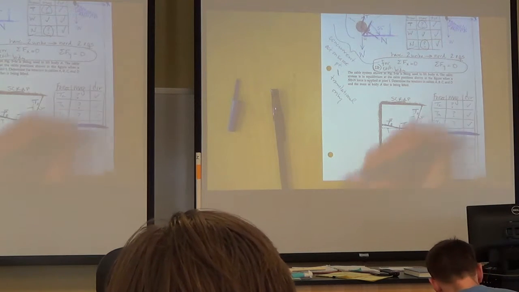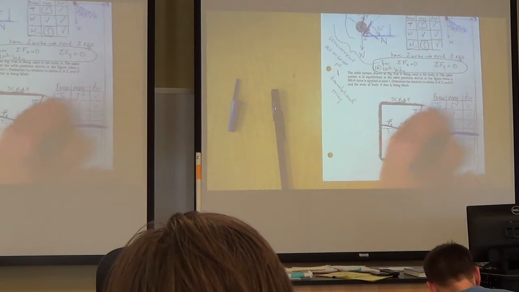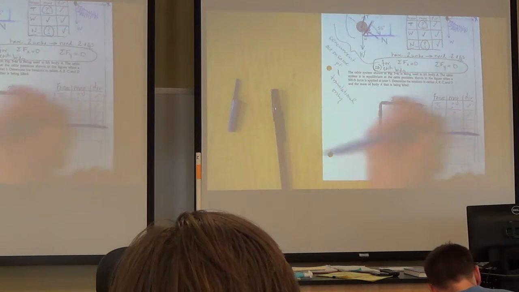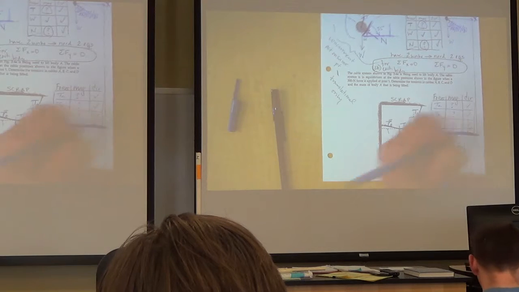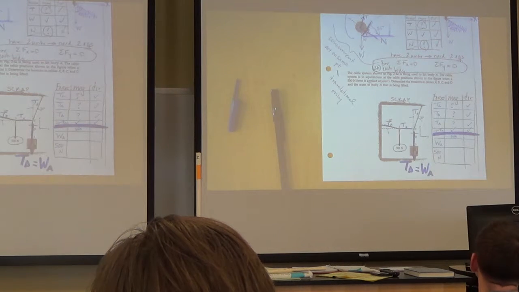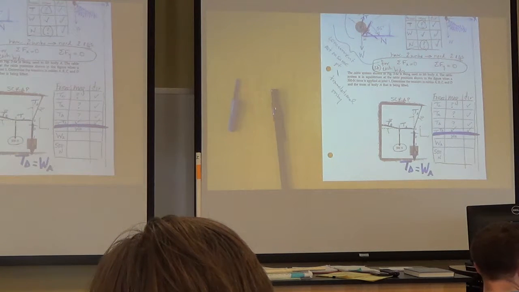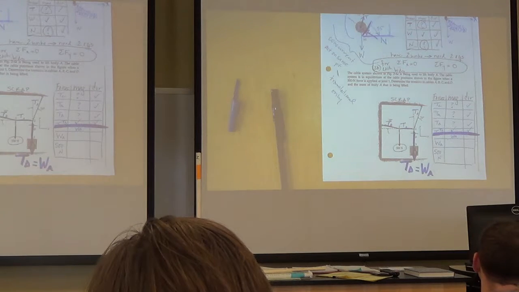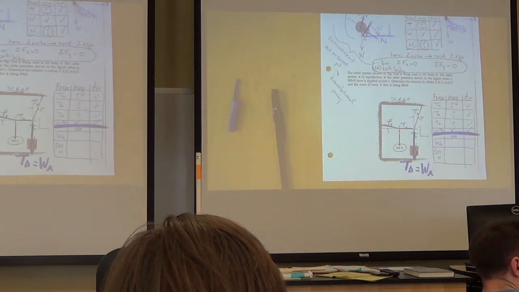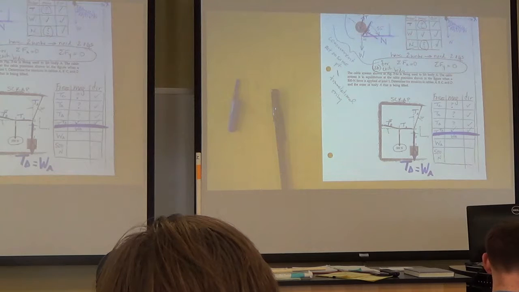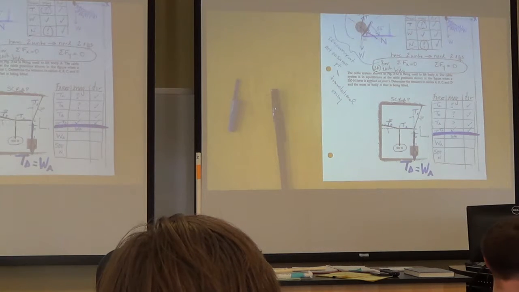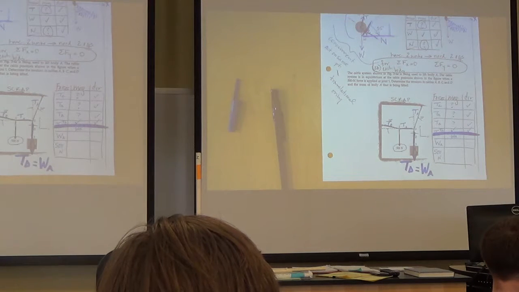You can keep it on here as TD, but then you're going to check off that you know what the value is, and you could write WA. Is everybody okay with us jumping ahead and just saying, hey, we know what that tension is because a weight is suspended from it?